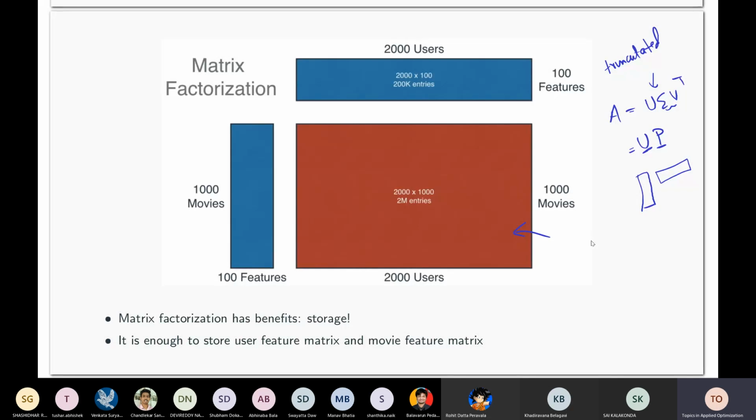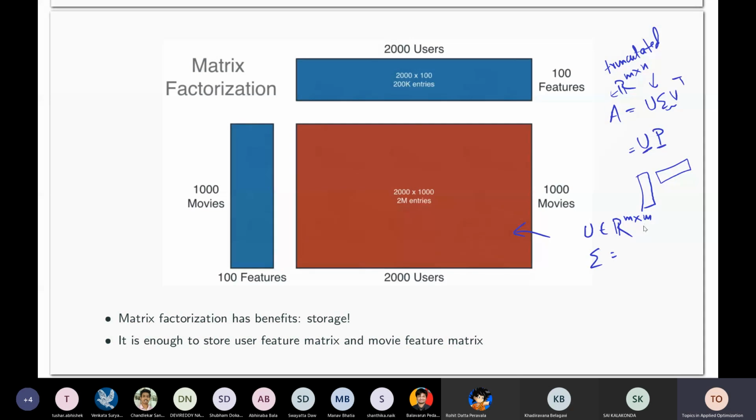So what you may expect in principle, if you do a full SVD, then U, sigma, V are all of this size. So A is M by N. Then U will be M by M, and this will be sigma.